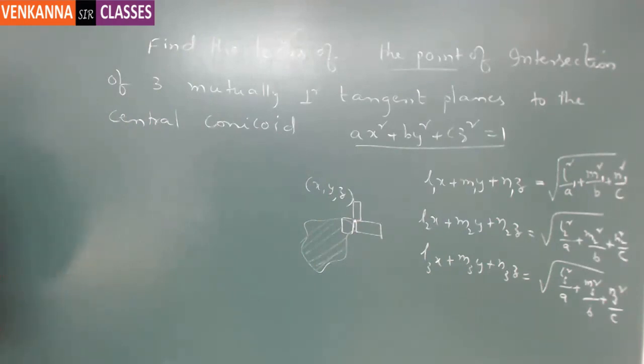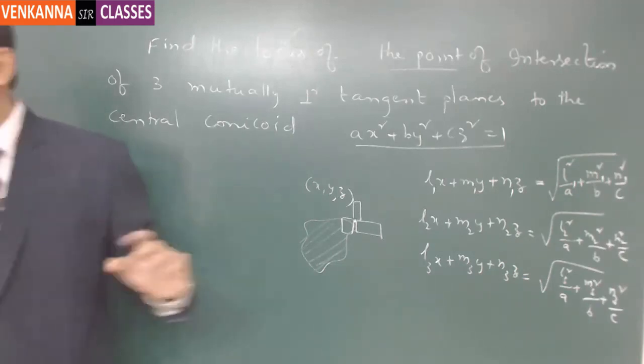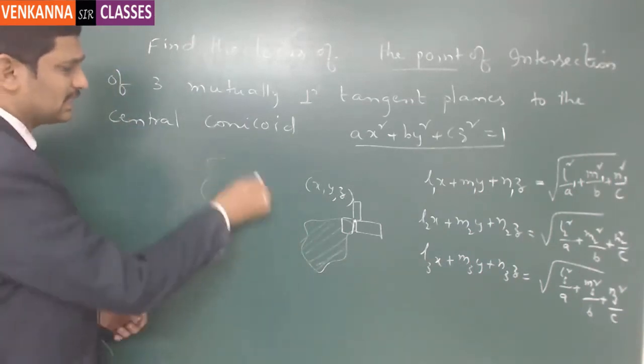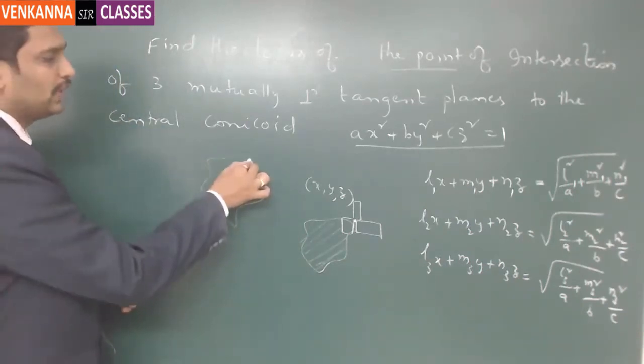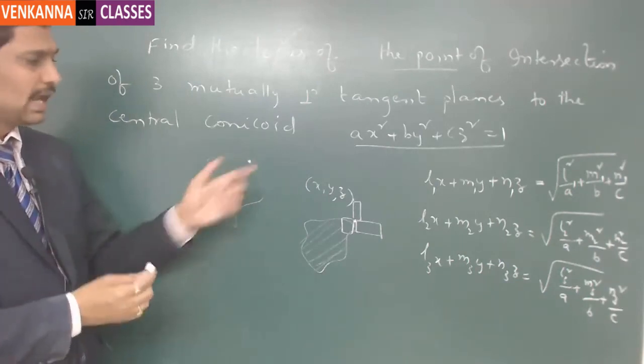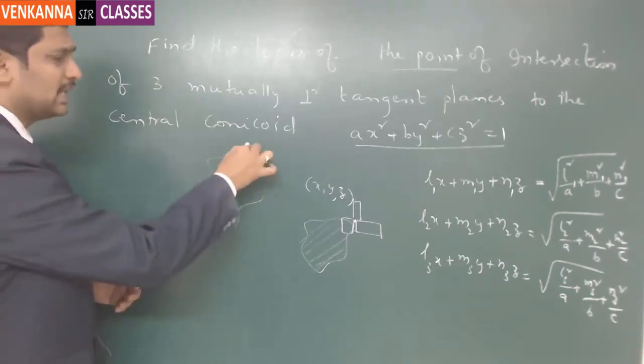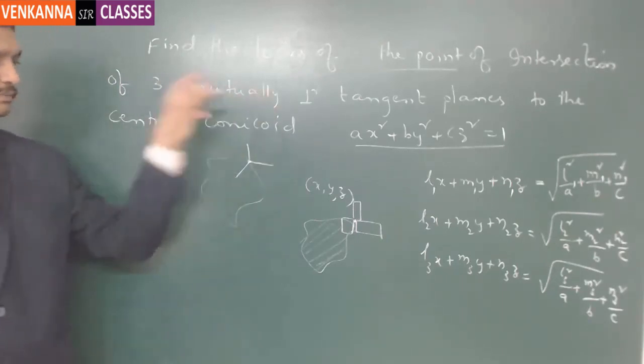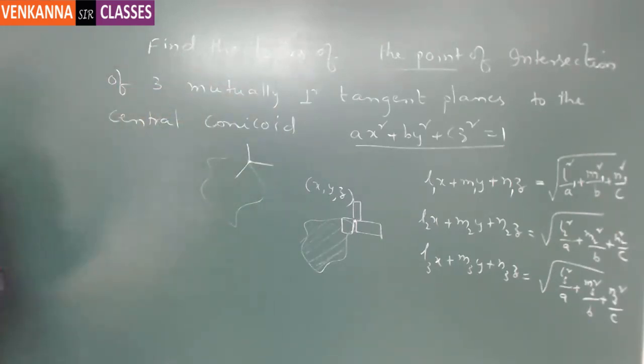Clear now the perspective? In the other way around, whenever you consider a surface, if you take a point on it, at this point you can consider three mutually perpendicular tangent planes. That you can understand. Clear? Yes or no?